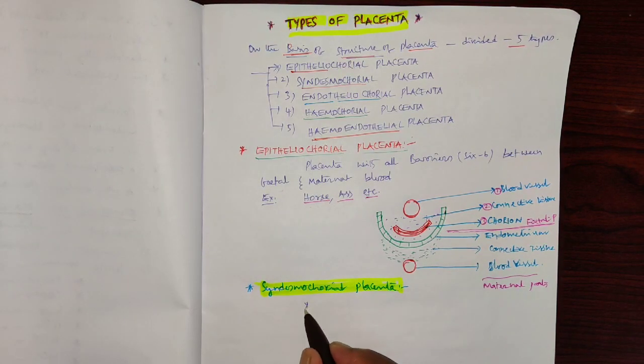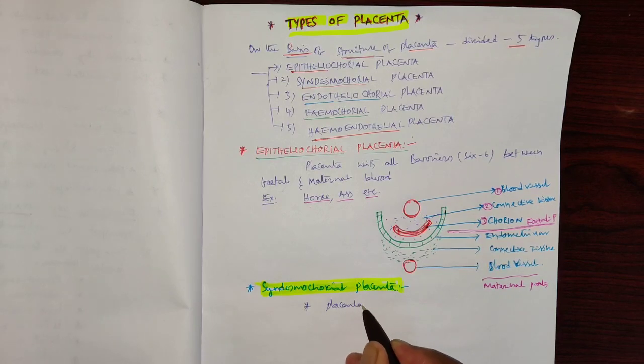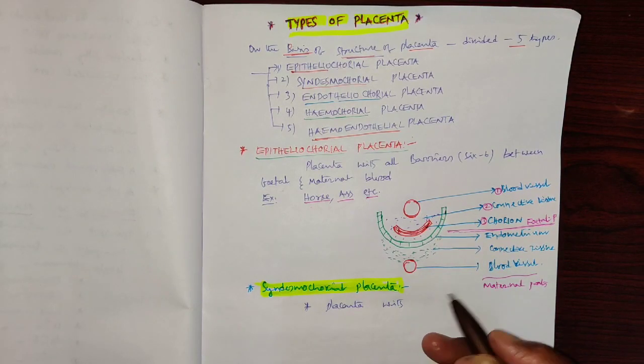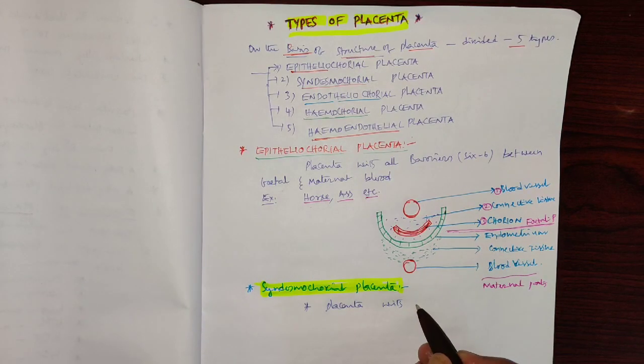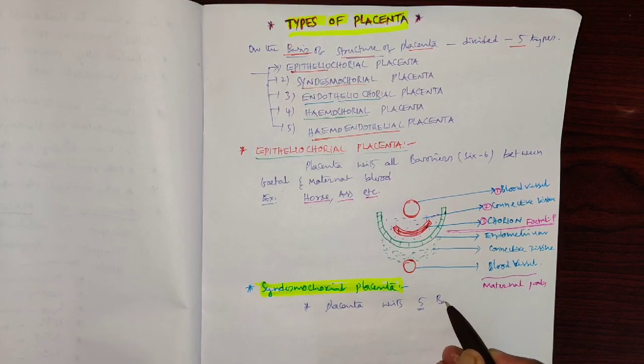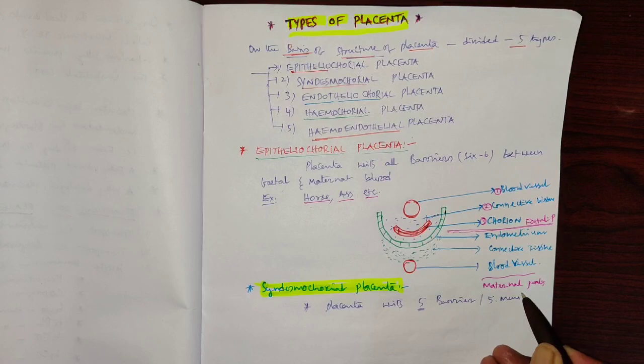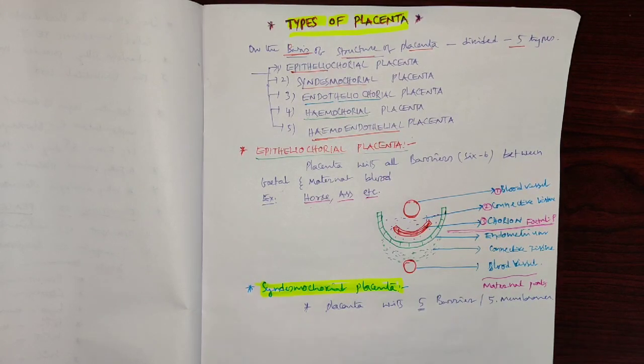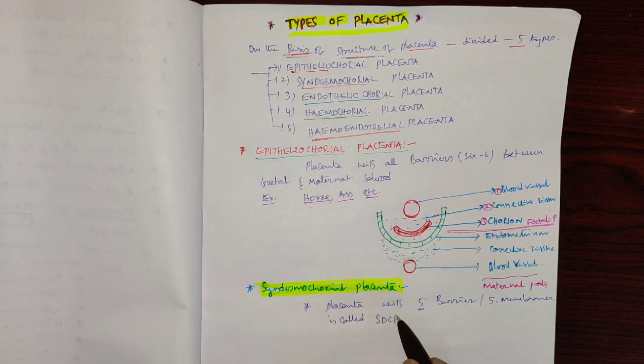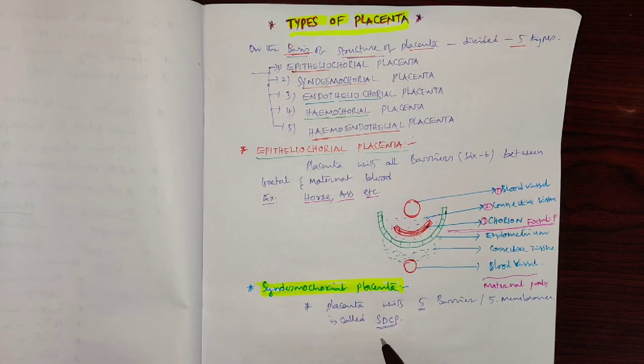The placenta with 5 barriers or 5 membranes is called syndesmochorial placenta.